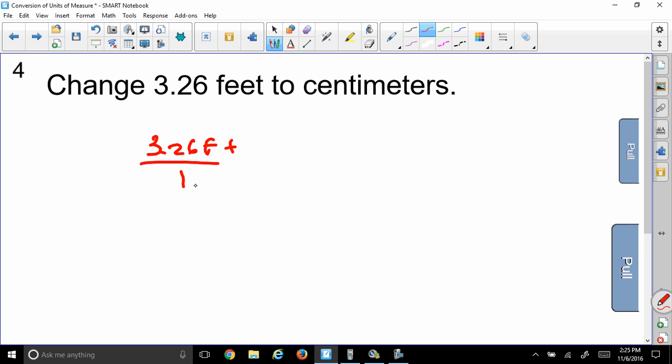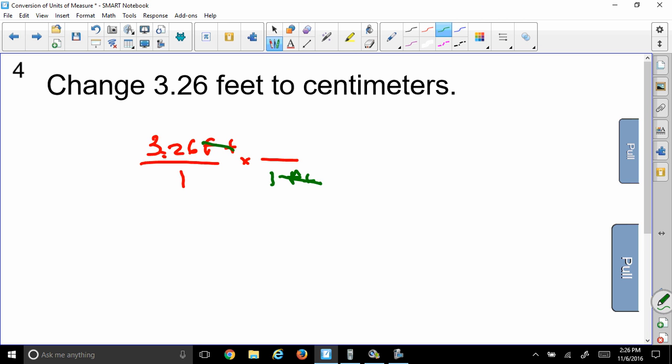So I put that as a fraction, and I want to multiply by an equivalent fraction. That gives me a fraction that'll be feet on the bottom. Why? Because I want to cancel out the feet on the top here.